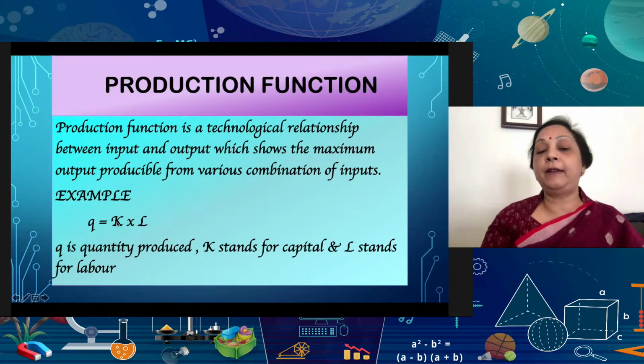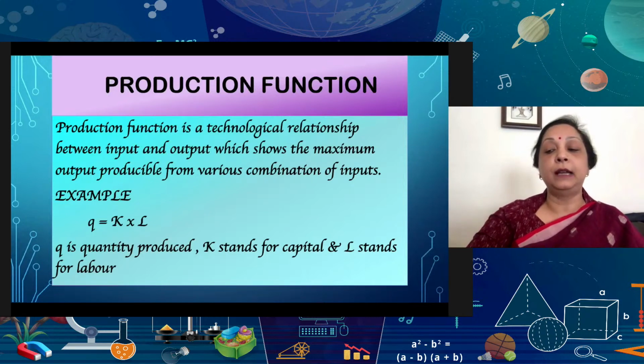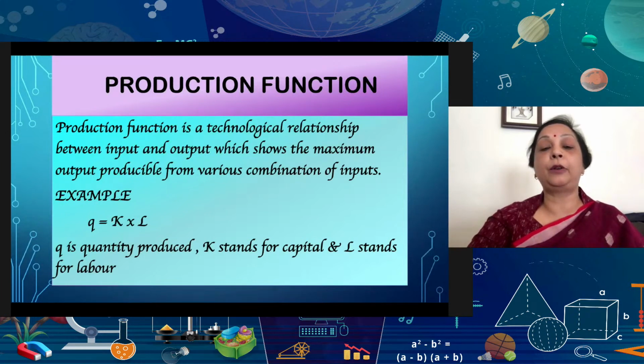So for a given level of capital and a given level of labor, the quantity will be fixed. Now, this quantity is the maximum that can be produced, not what will be produced. Because what will be produced does not only depend on the number of units of machine employed or number of units of labor employed, but it is also dependent on how efficiently the units are working.